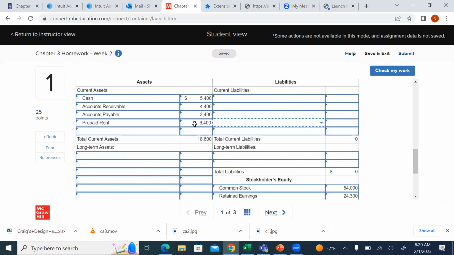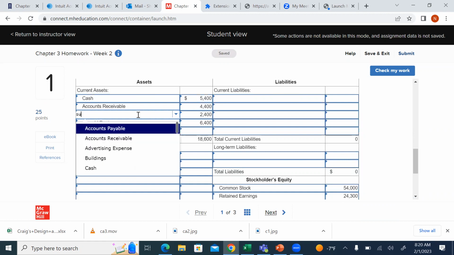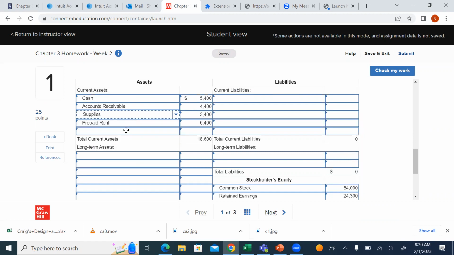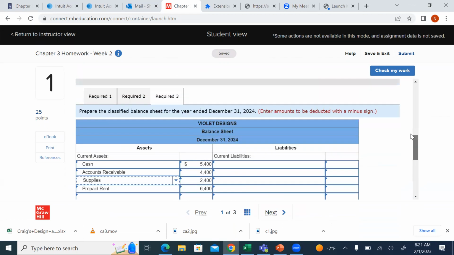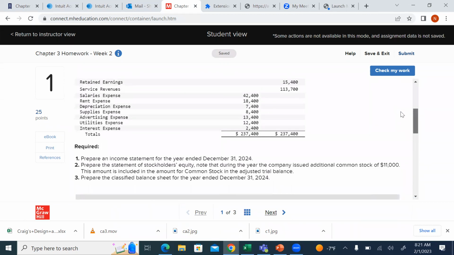Okay. So our total current assets so far, 18,600. Then our long-term assets, building.